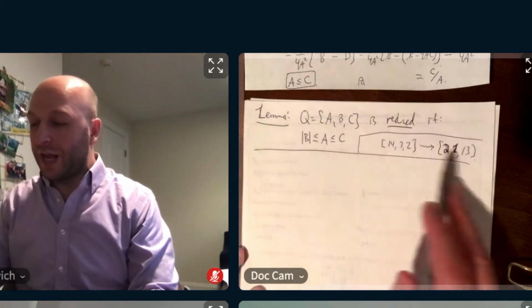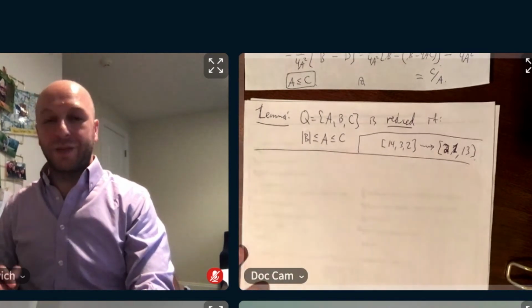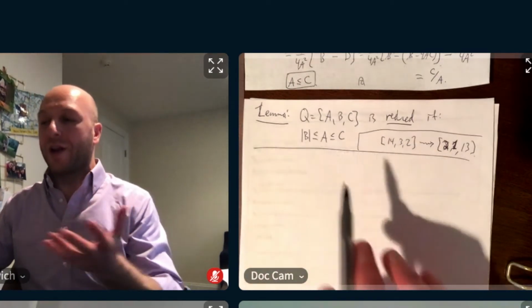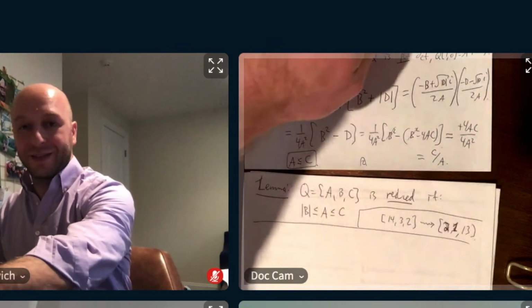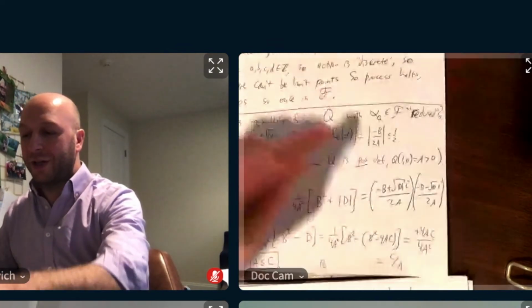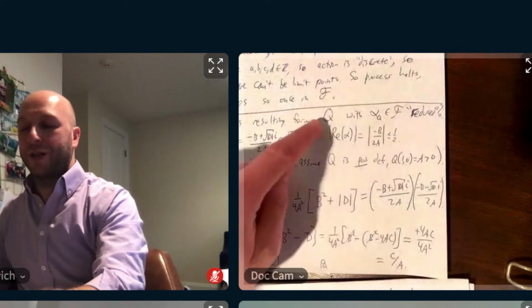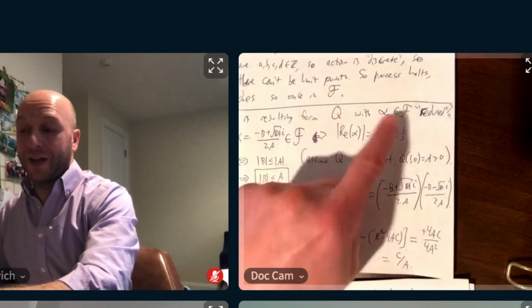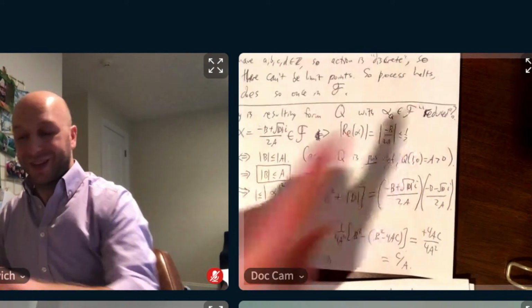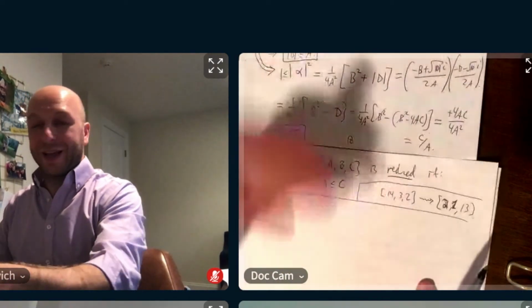Okay, so do you see how this is what it means to be... We could make this the definition. We made our definition of a quadratic form being reduced, that its alpha is in the fundamental region. What we said was the form Q will be reduced if alpha is in this fundamental region. But now we have a lemma that connects this.